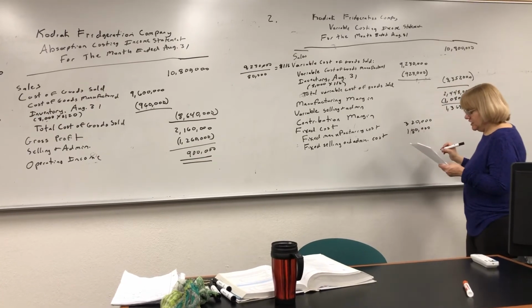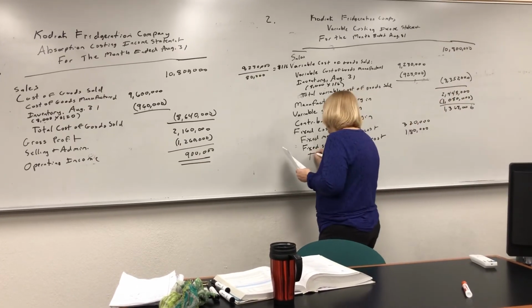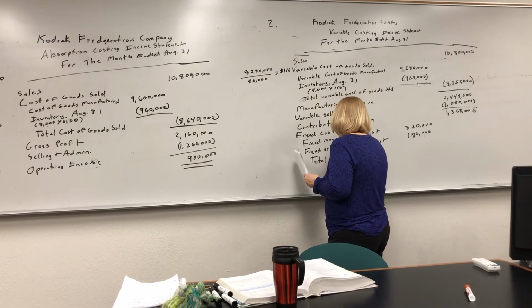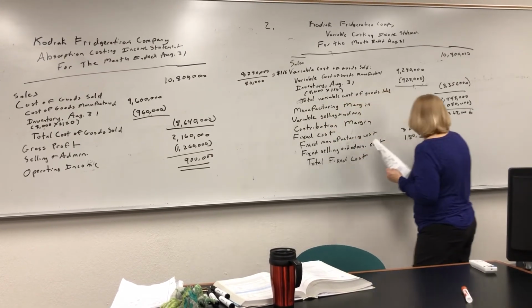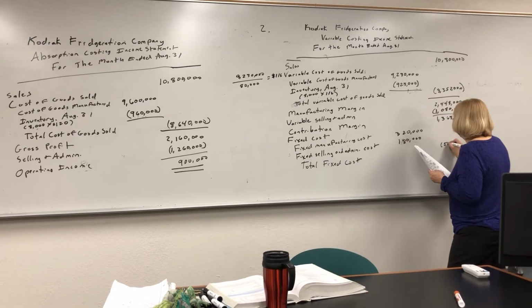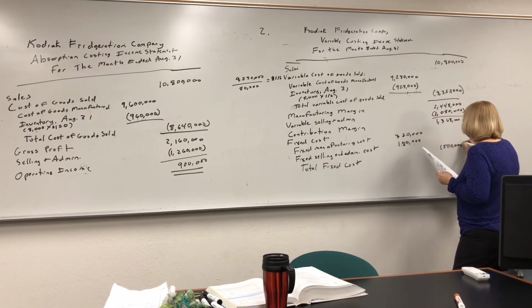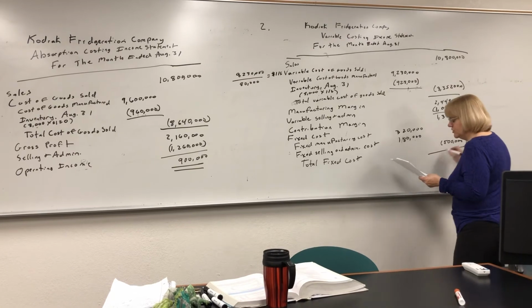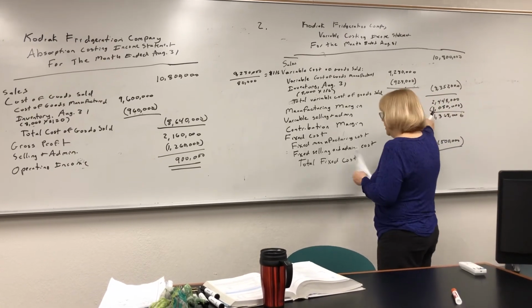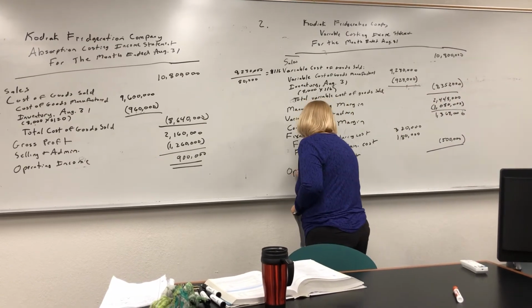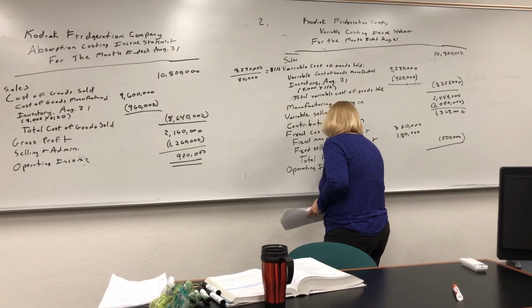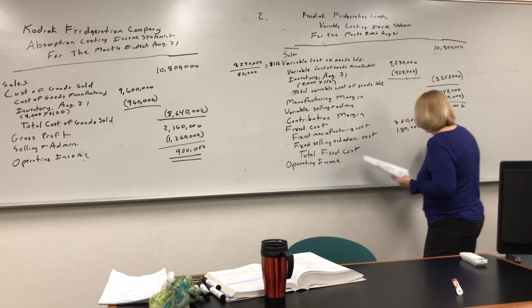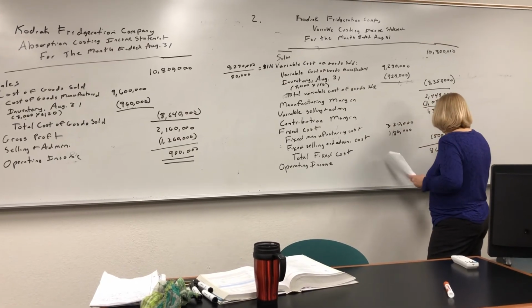So our total fixed cost is $500,000, which we subtract from our contribution margin to get our operating income, which is $868,000.